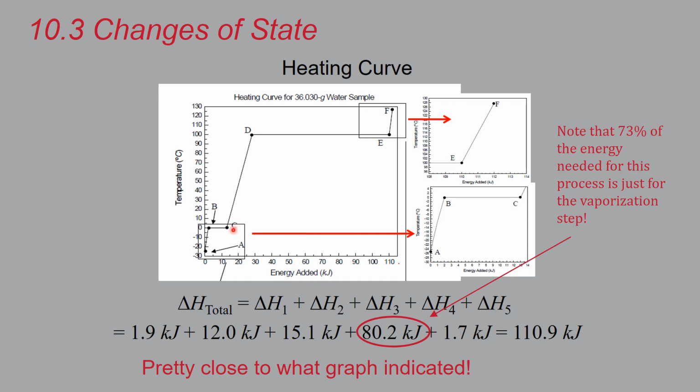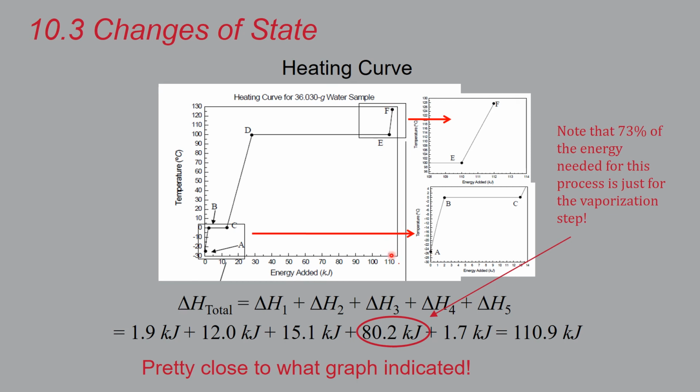Third step, taking the liquid water from 0 degrees to 100 degrees, that was 15 kilojoules. Fourth step, taking the 100-degree water and boiling it, turning it into 100-degree steam, that was 80.2 kilojoules. And last but not least, taking the 100-degree steam, heating it to 125-degree steam, that was 1.7 kilojoules, for a total of 109.10 kilojoules. And if you look at my graph, that's actually about where it stops.